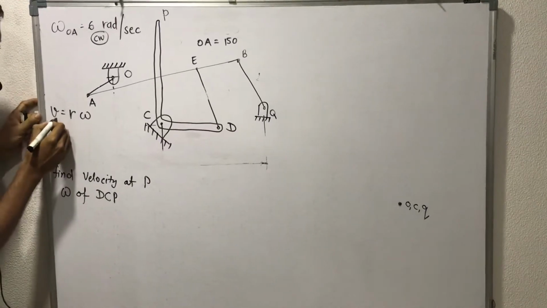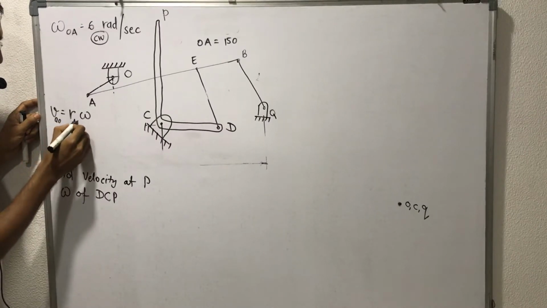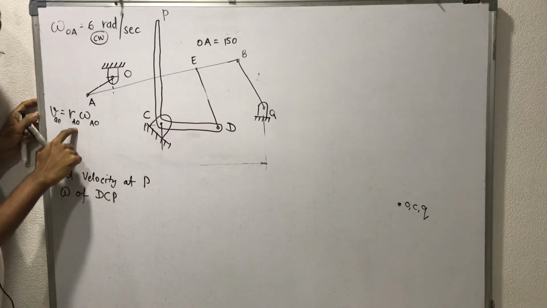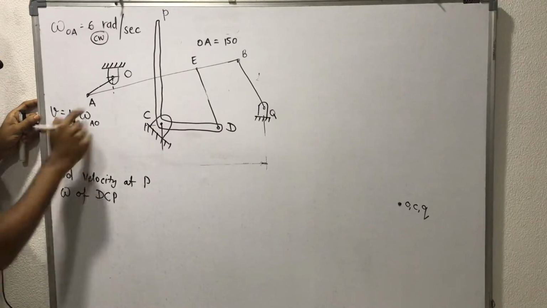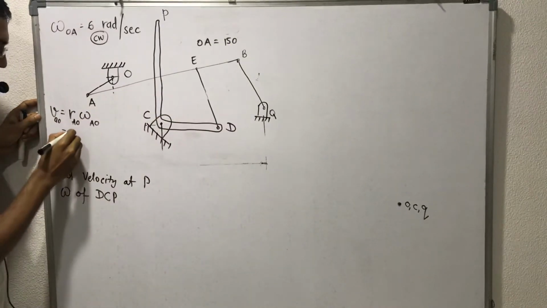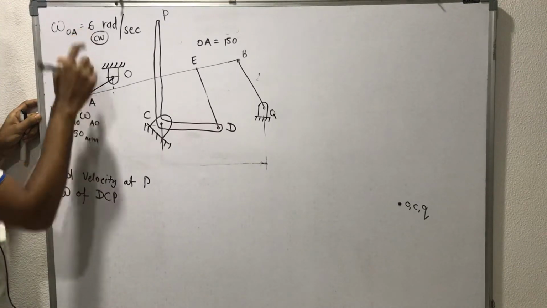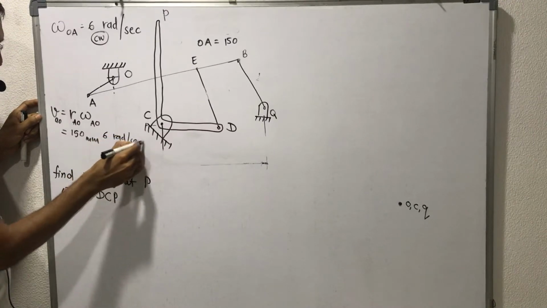So V, that is for AO, velocity of A with respect to O, R AO and omega AO. Capital letters represent the configuration, small letters represent the velocity diagram. R represents length of AO, that is 150 mm. Omega represents angular velocity, that is 6 radian per second.